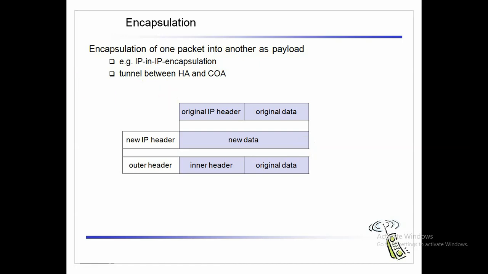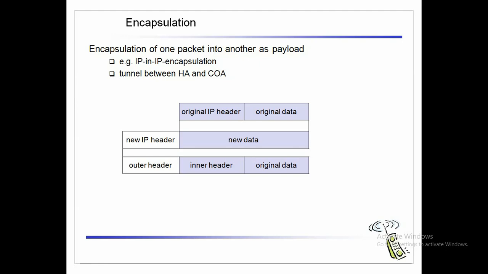It allows packets of one protocol suite to be placed into the payload portion, as already shown in the figure. One protocol suite with its original packet header and data is taken in a new GRE header, and it is formed together as the new data part of the new packet.